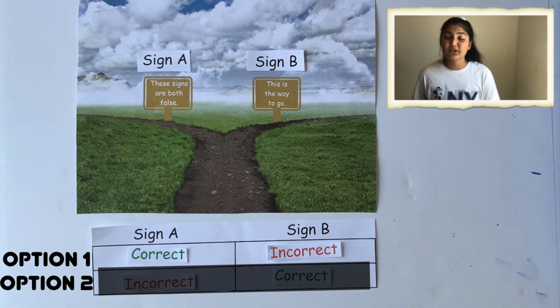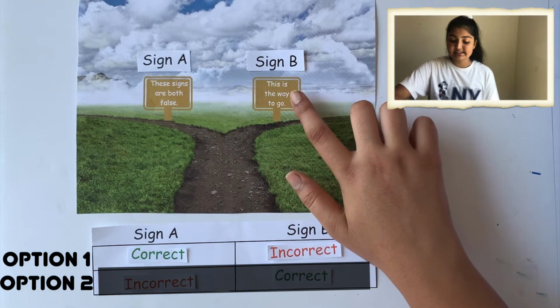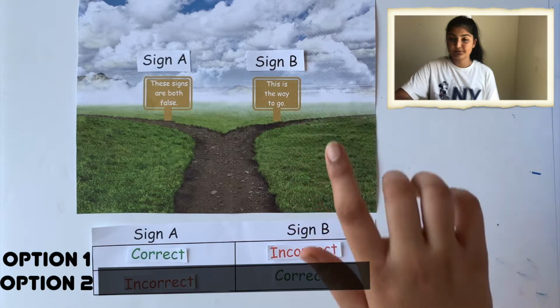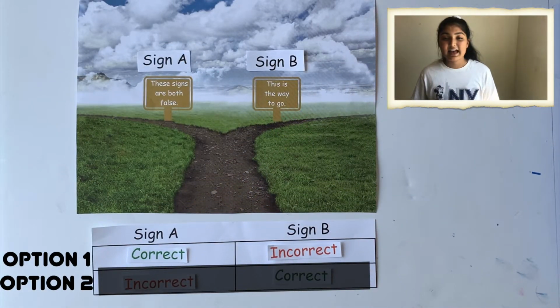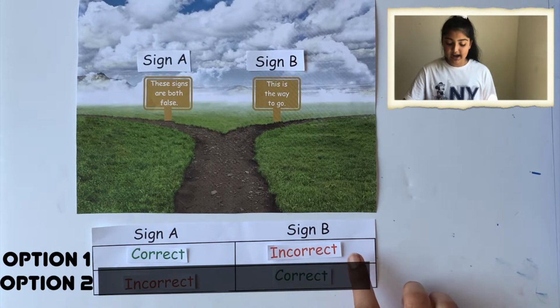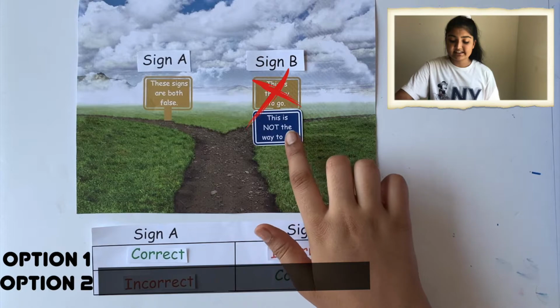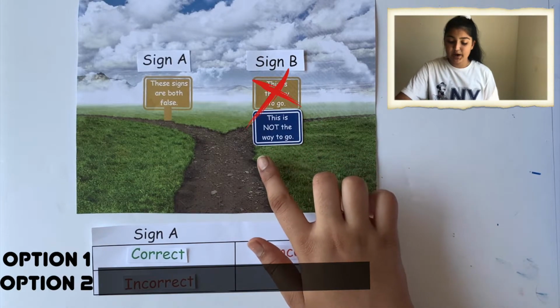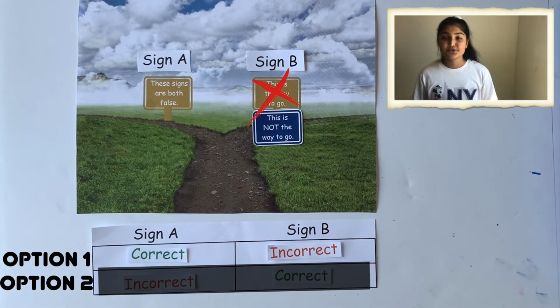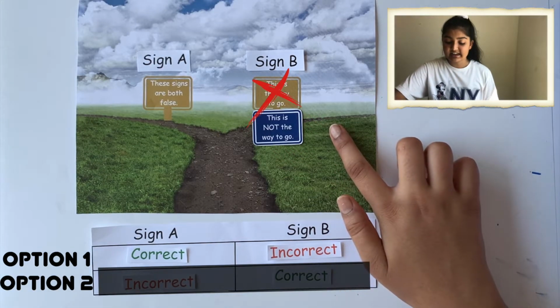Let's start by looking at sign B. Sign B says, "This is the way to go." And since we're assuming sign B is incorrect, that means this is not the way to go. So the knight should not take this path.